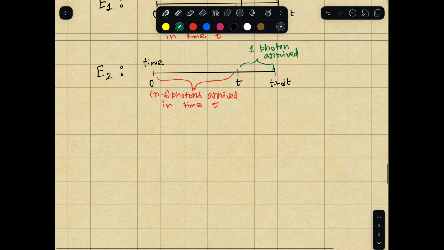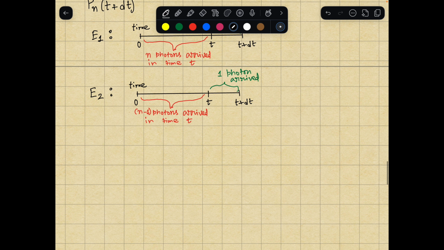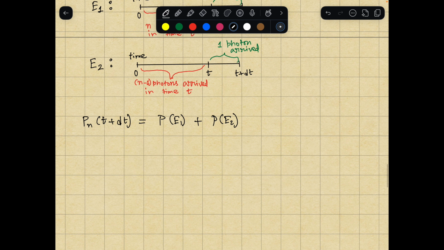Now the total probability Pn of t plus dt is the sum of P of E1 and P of E2, because if either event 1 or event 2 occurs, we get the desired result that n photons have arrived in time t plus dt.